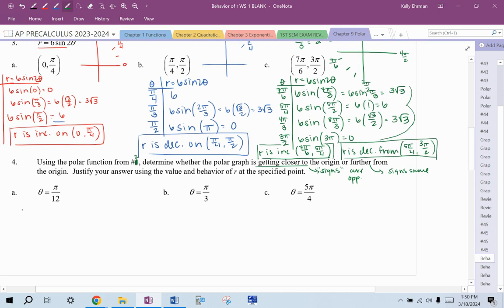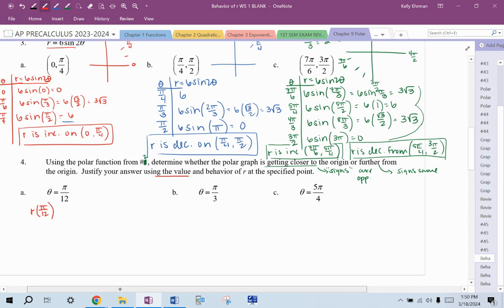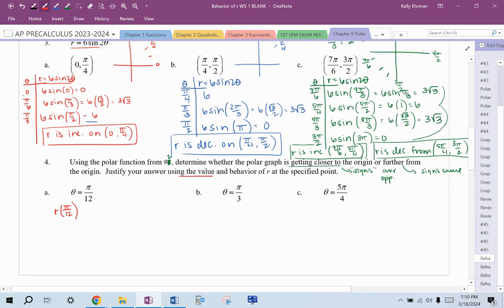So we do this by justifying your answer using the value of r, meaning the value of r at that angle, or what is r of pi over 12, which I didn't find over here, right? I didn't plug that in, so I'll have to plug that in. And then the behavior of r at that point. So pi over 12 does fall between 0 and pi over 4.